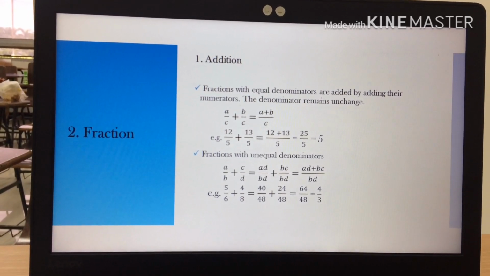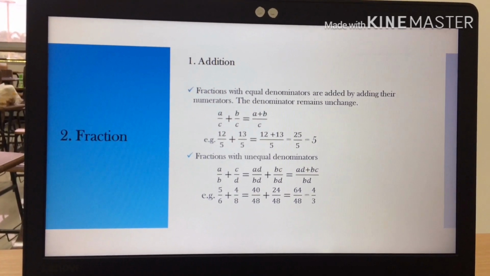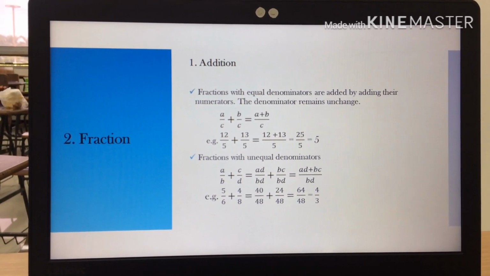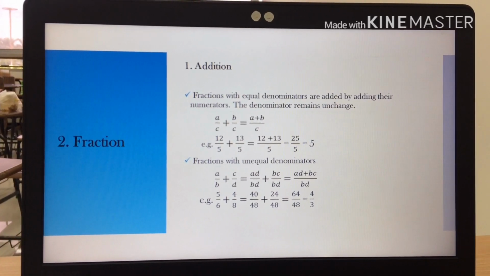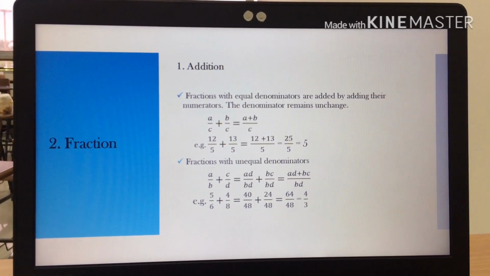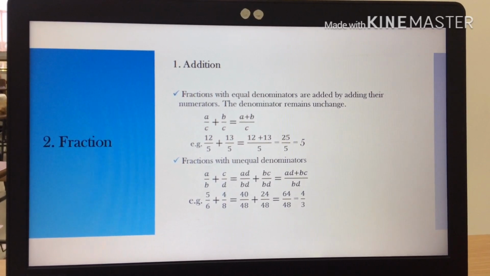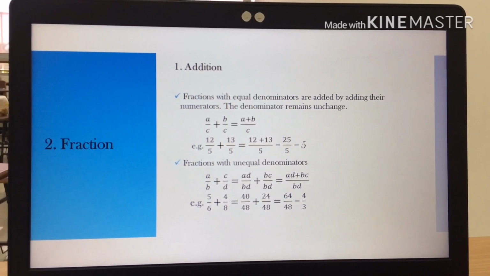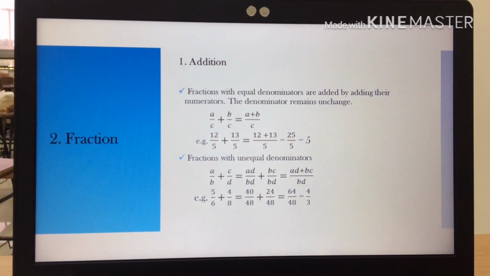And the second one, fraction with unequal denominators. The formula A over B plus C over D equals A times D over B times D plus B times C over B times D equals AD plus BC over BD.